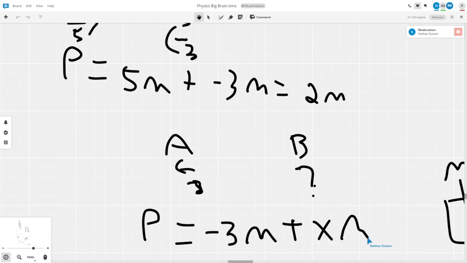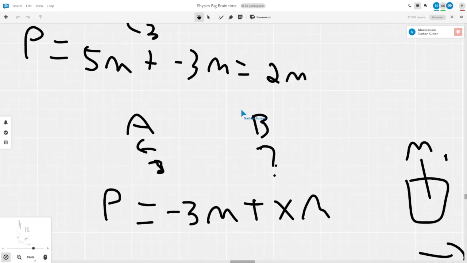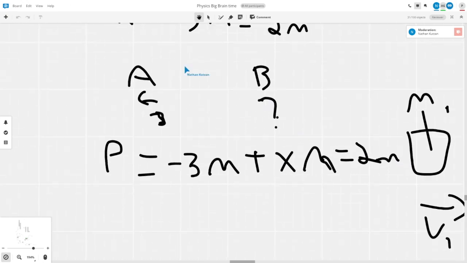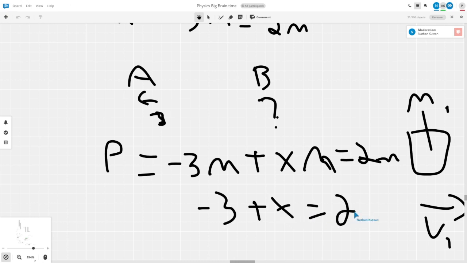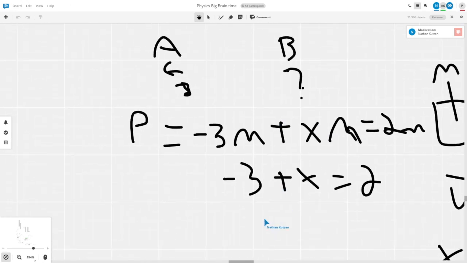And remember we said that there are no external forces, so the change in momentum is 0. So this whole thing still has to equal 2m. Then we can divide everything by m, so we get negative 3 plus x is equal to 2. We add 3 to both sides, and that gets us x is equal to 5.